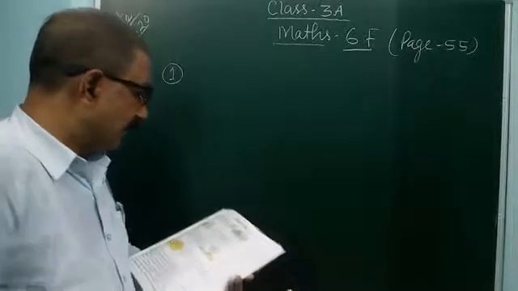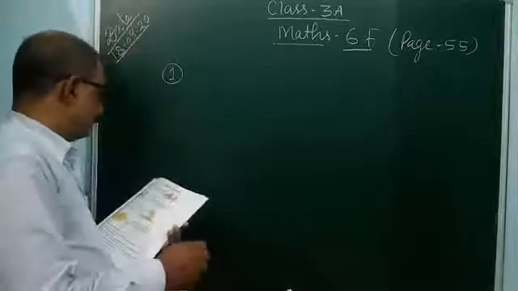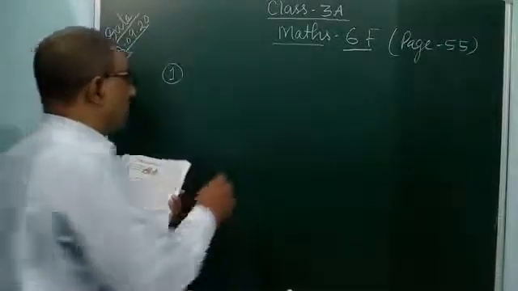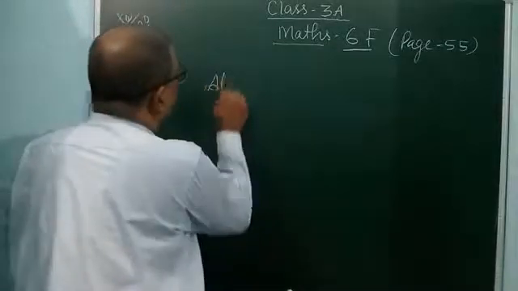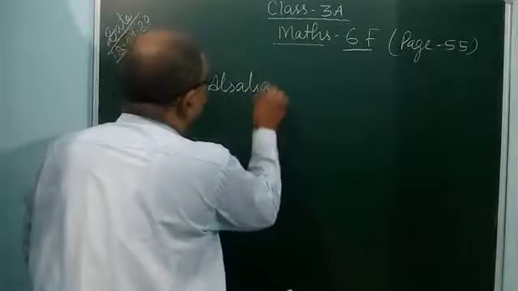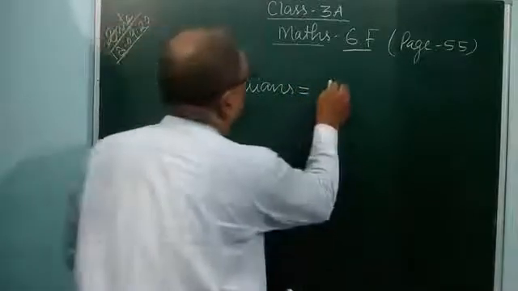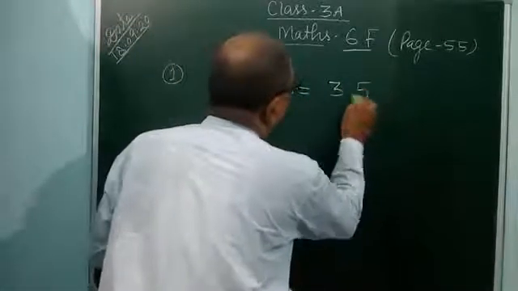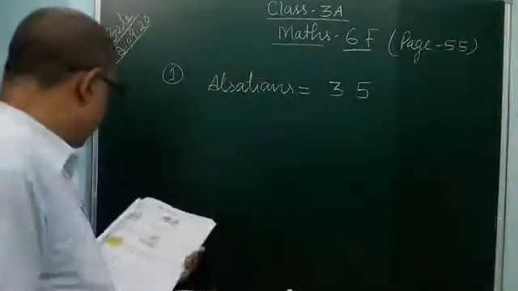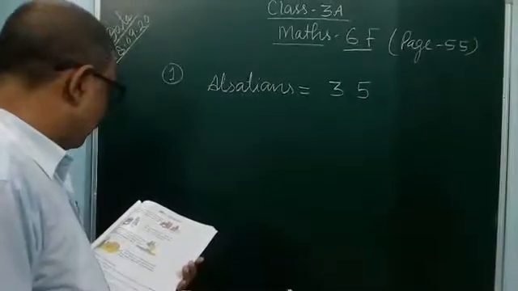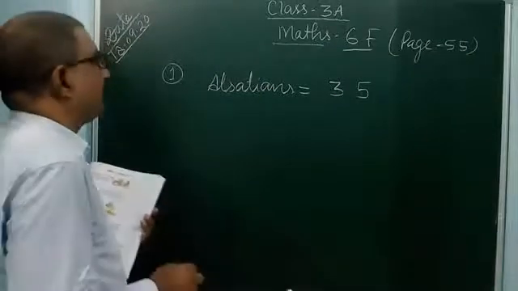So Alsatians, how many? 35. And the number of pugs was 18 less.